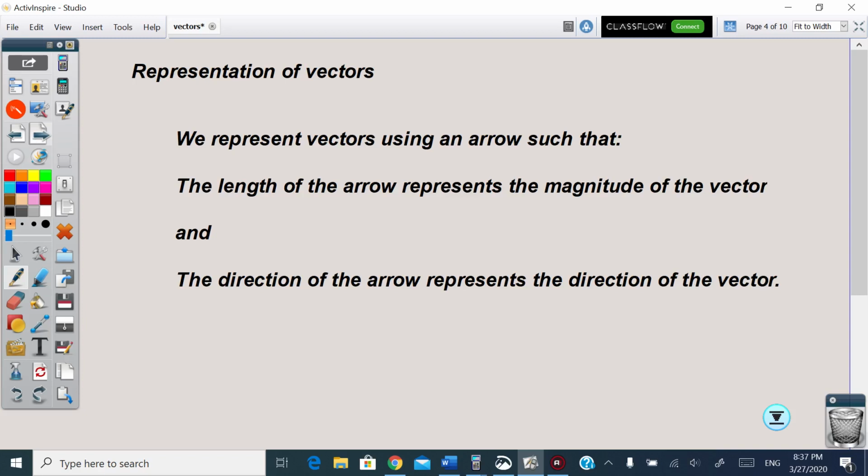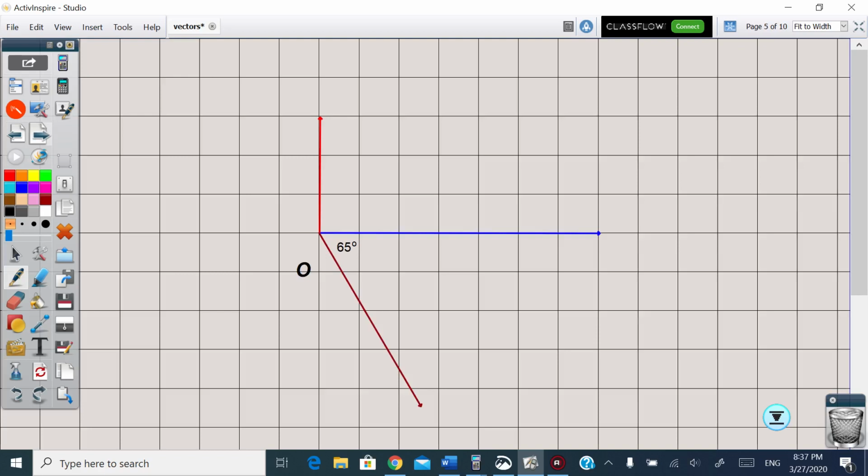We represent vectors using arrows, such that the length of the arrow represents the magnitude of the vector, and the direction of the arrow represents the direction of the vector. So, in this case, I have represented 3 vectors.